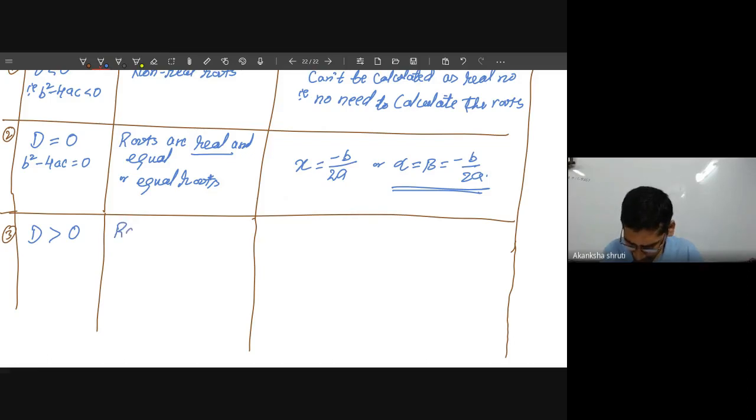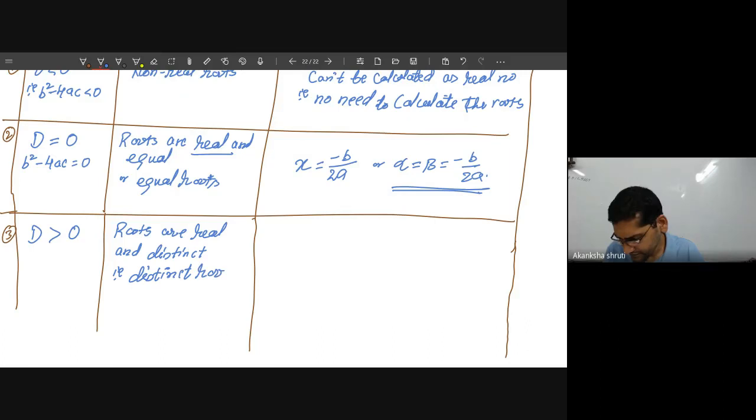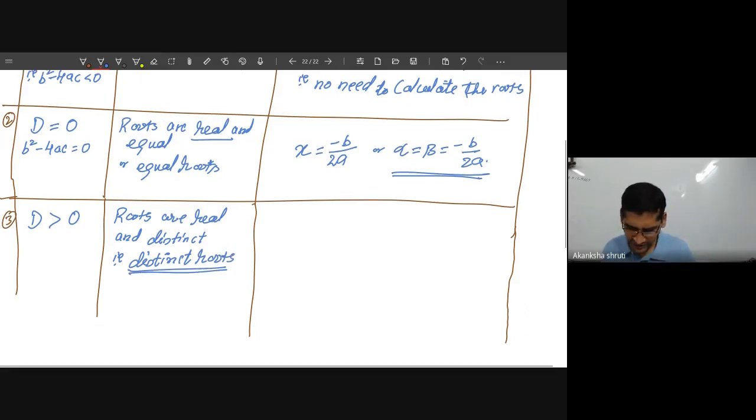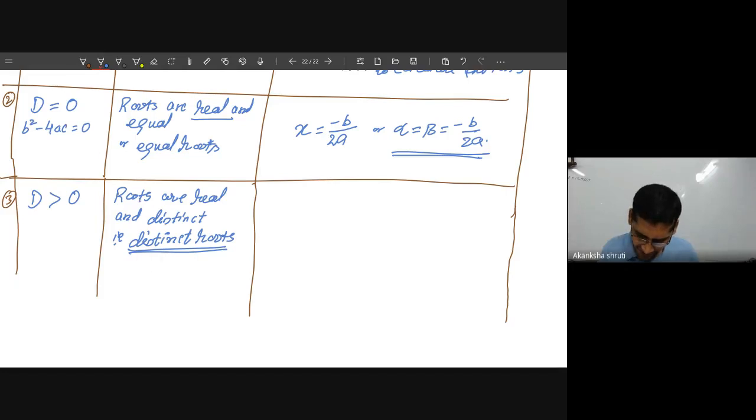So roots are real and different, that is called distinct. This is the condition of distinct roots, which you have to check.